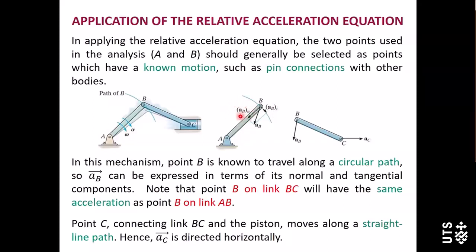The normal component's direction is always from B to A. The tangential component's direction must be tangent to the circular moving path of point B. Because here you can see the direction of angular acceleration alpha is clockwise, ABT, the tangential component, must be in this direction.